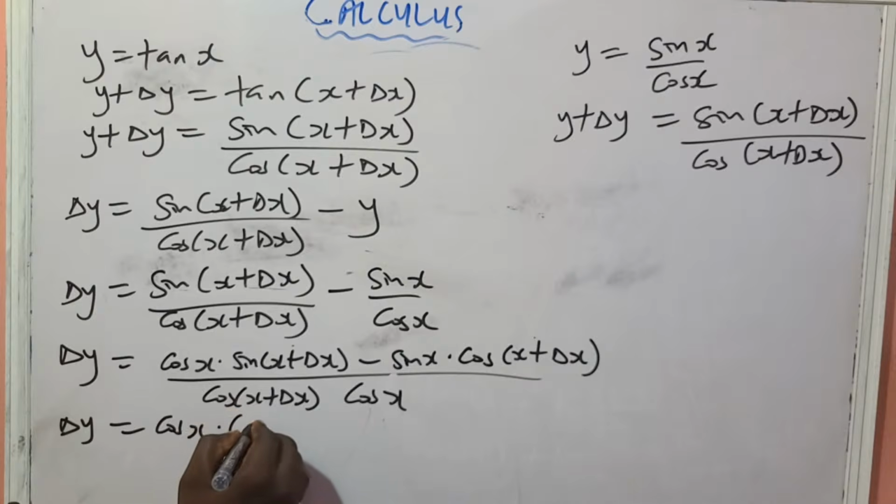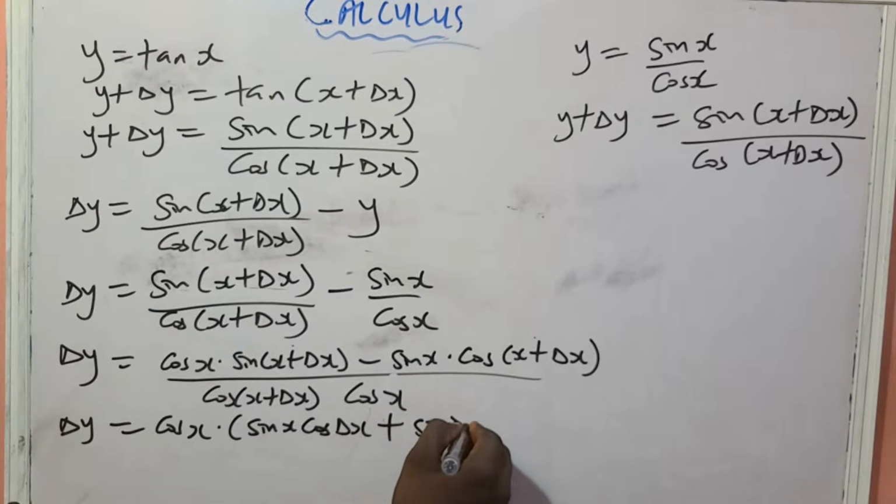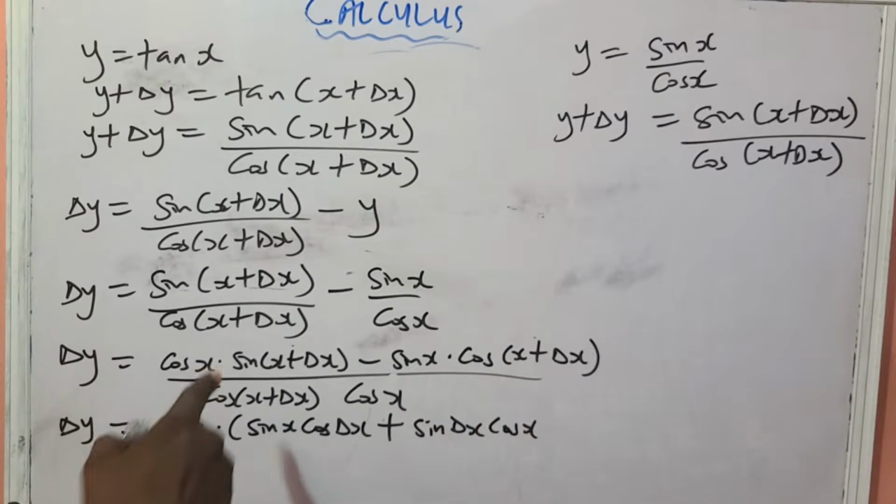So I'll be having sine x cos dx, this is the trig identity I'm applying here, plus sine change in x cos x. All right, this is just for this one.